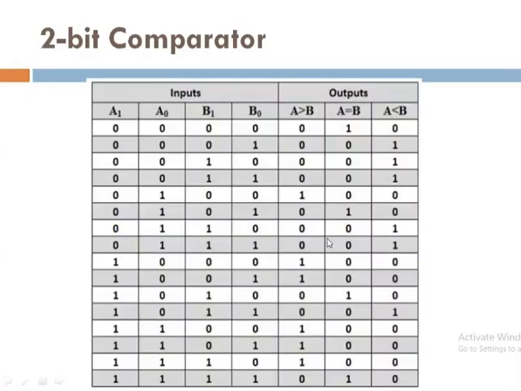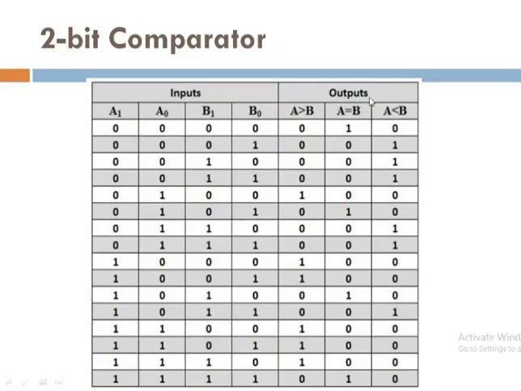Now we'll see the 2-bit comparator. In the previous truth table, we had 1 bit of A and 1 bit of B, that is A0 and B0. Now here as input we are considering 2 bits of A, A1 and A0, and 2 bits of B, B1 and B0.